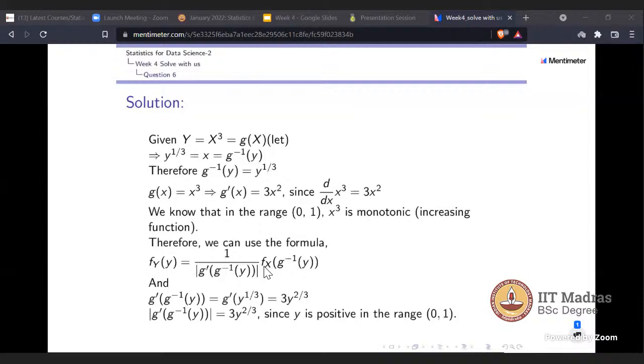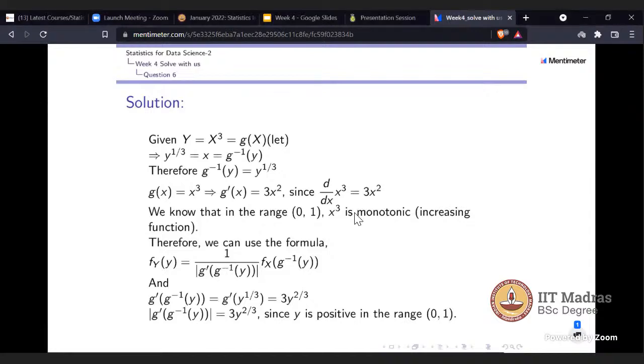Let's say y is x cube. If you have to write your PDF in terms of y, in place of x just substitute cube root of y. So you will get 3 into cube root of y, whole square, that is 3 y raised to the power 2 by 3. And then, of course, it is the derivative of g inverse of y.